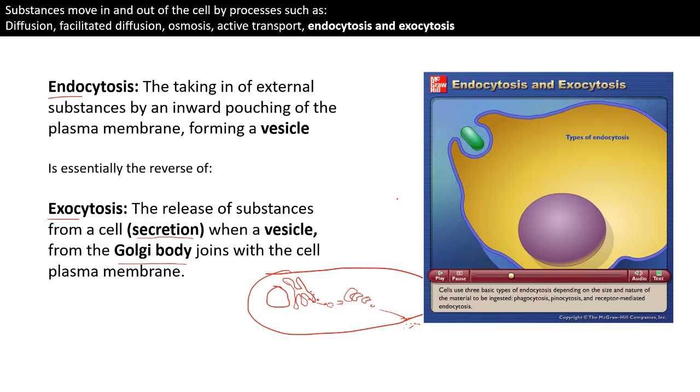Cells use 3 basic types of endocytosis depending on the size and nature of the material to be ingested: phagocytosis, pinocytosis, and receptor-mediated endocytosis. If the material the cell takes in is particulate, such as a bacterial cell or an organic fragment, the process is called phagocytosis.